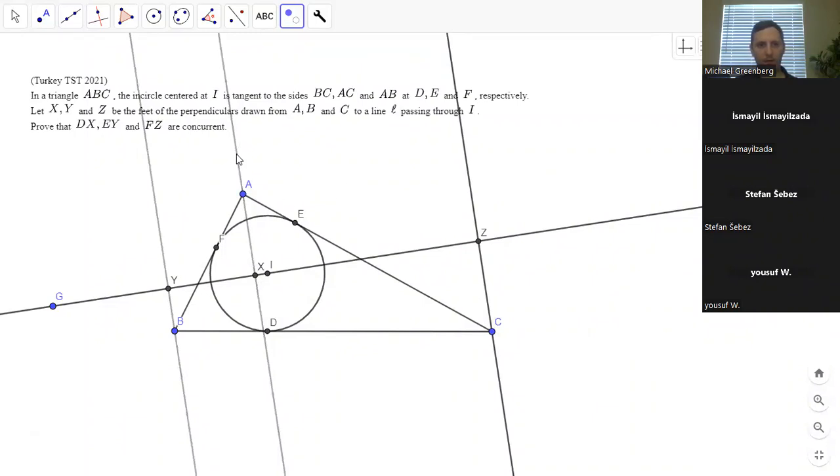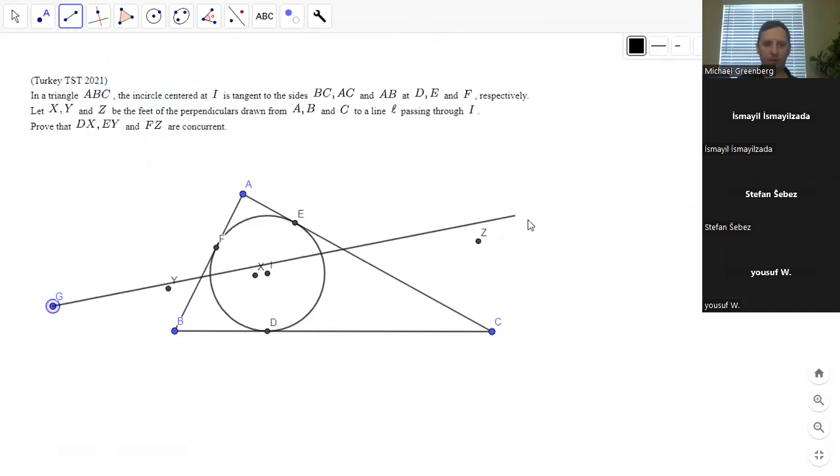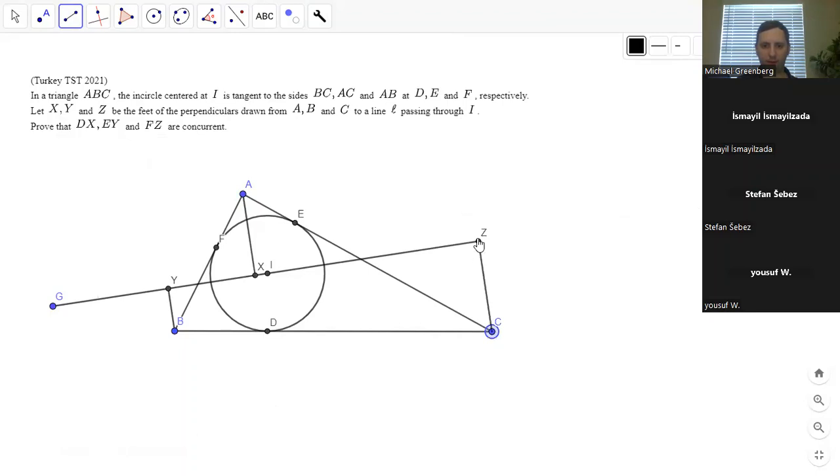This kind of reminds me of the orthopole. So I think isn't there some idea of an orthopole where you take a random line and you take the perpendiculars from A, B, and C to that line? I think there's some idea like that.